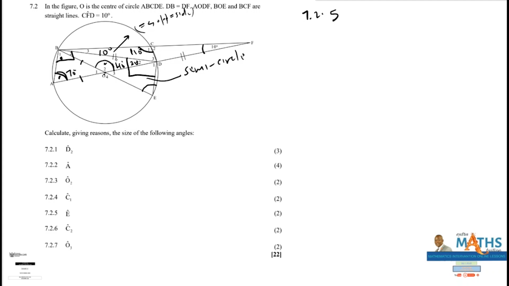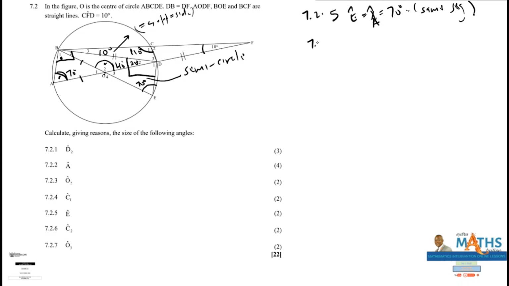If you're using same segment BD, it means angle A is equal to 70 degrees. It means angle E is equal to angle A, which is equal to 70 degrees. Why are we saying that? It's the same segment. Right? Okay, it means angle E now is also 70.